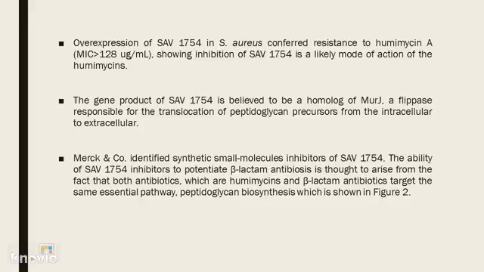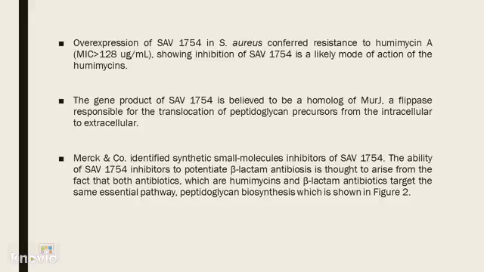The gene product is believed to be a homologue of MurJ, a flippase responsible for the translocation of peptidoglycan precursors from the intracellular to the extracellular side. Merck & Company identified synthetic small molecule inhibitors of SAV1754.